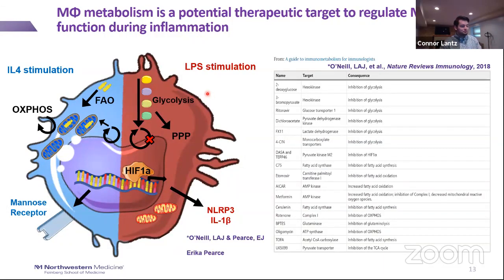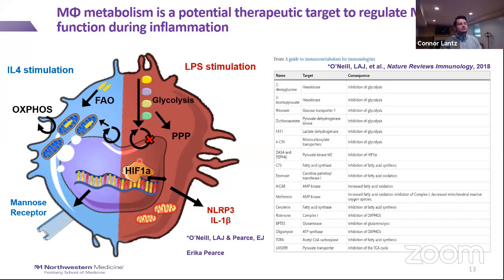And so just looking at the field of immunometabolism, the 1,000-foot view, it's been shown that in classically activated macrophages stimulated with LPS, Luke O'Neill and the Pearces have shown that metabolic pathways such as glycolysis and the pentose phosphate pathway are enriched.